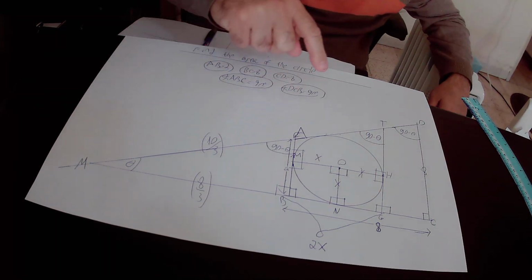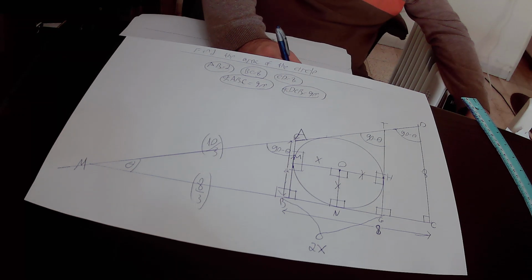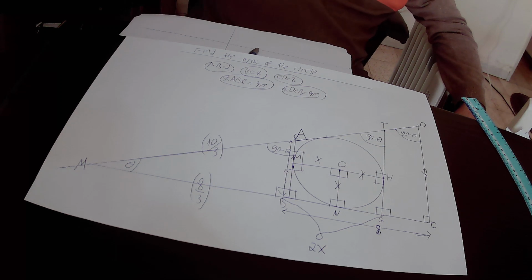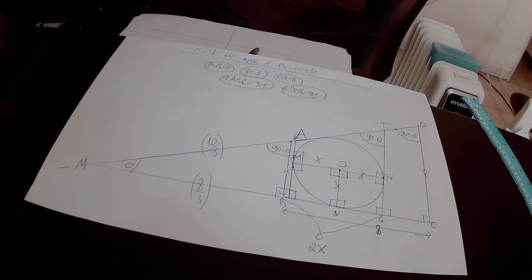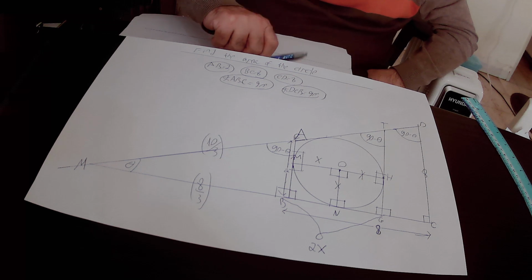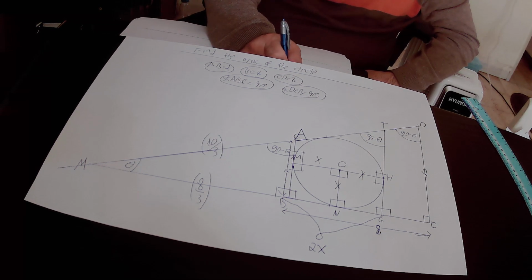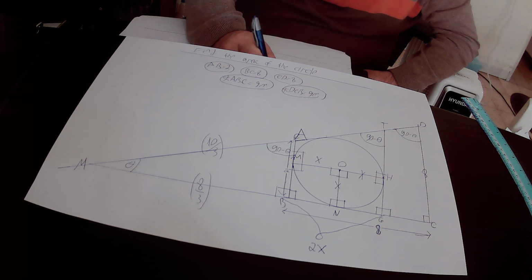So we can write down that angle TGM in the big triangle is equal to angle ABM in the small triangle.